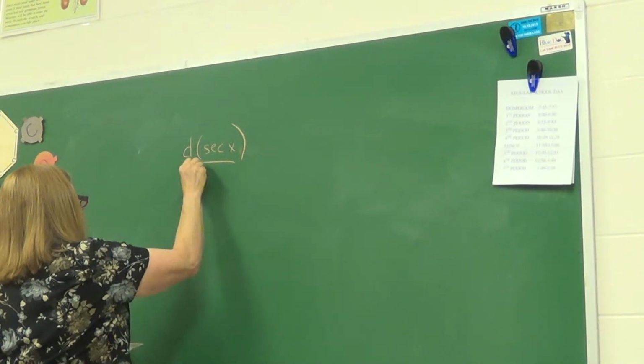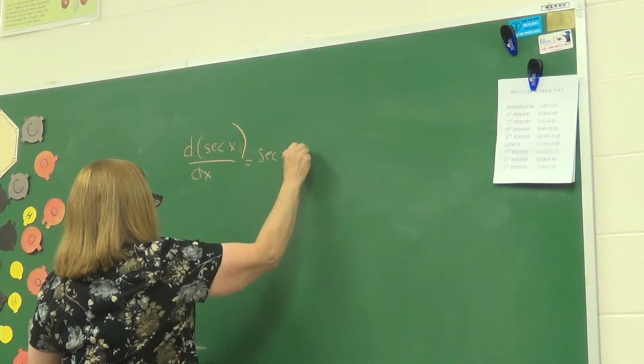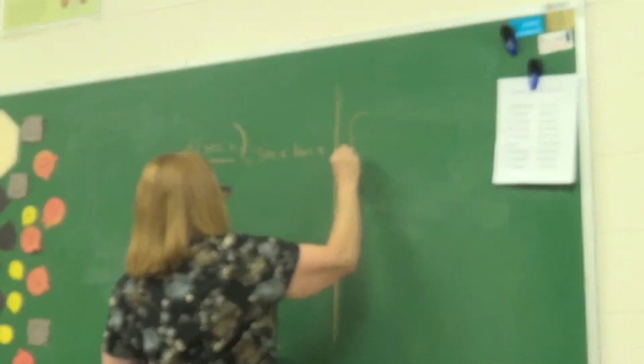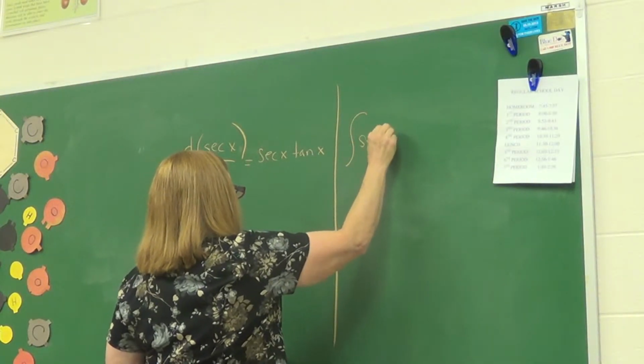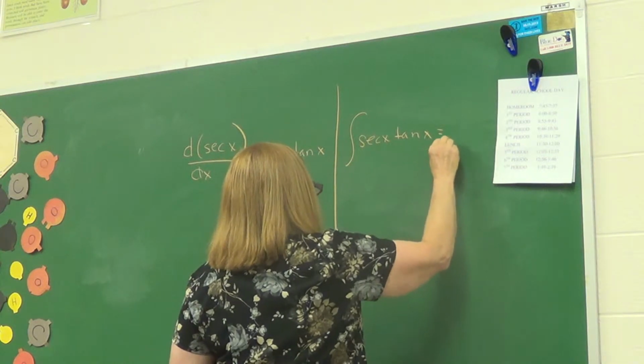Derivative of secant with respect to x is secant tan. So when we switch over to integral land, we can find the integral of secant tan and get secant, and crown it.